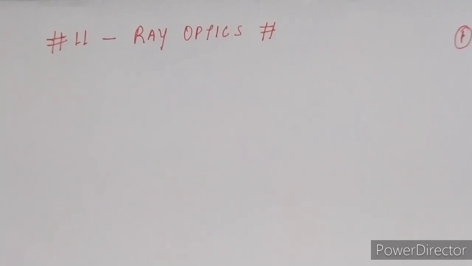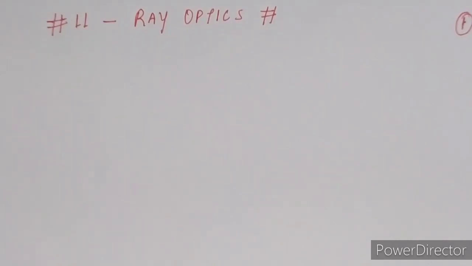From our common experience and from 10th class we know that light always travels in a straight line and its speed is extremely high. You know the speed of light: 3 into 10 to the power 8 meters per second. Light travels in a straight path, and that is known as a ray.